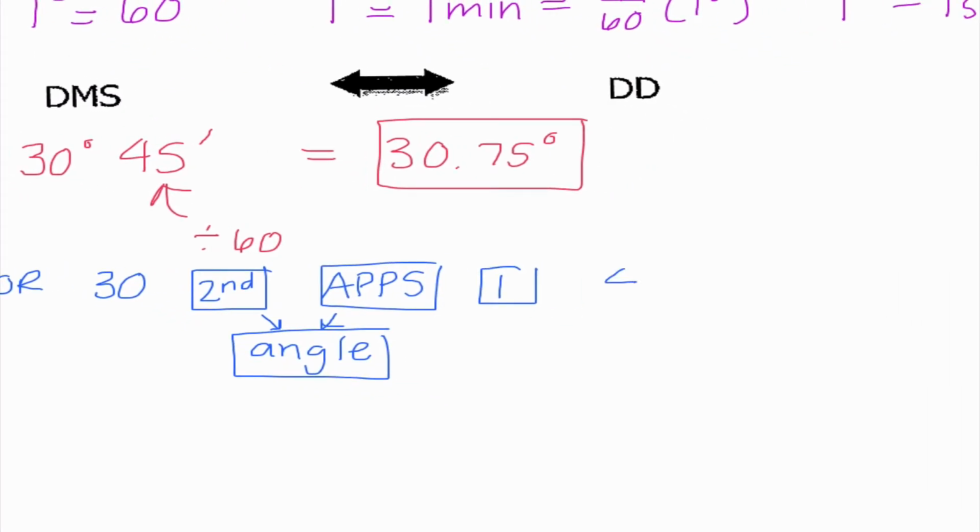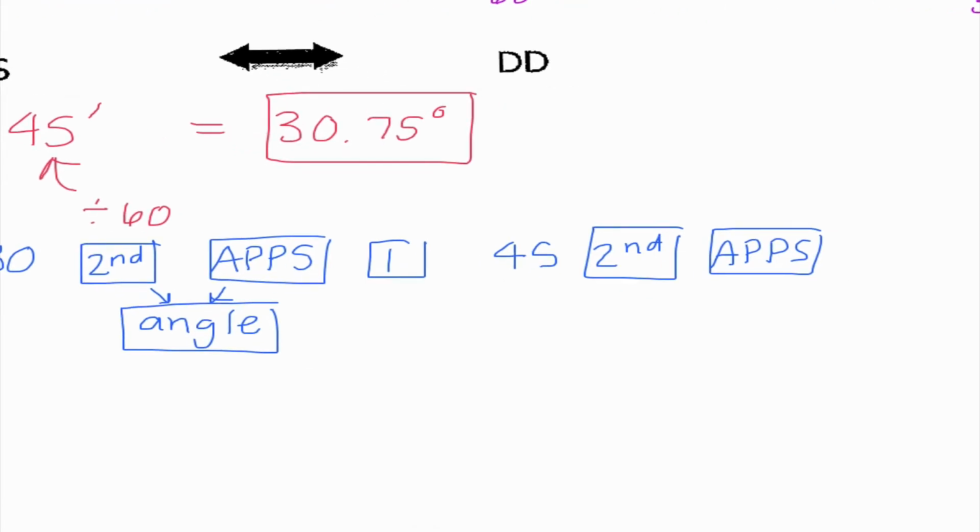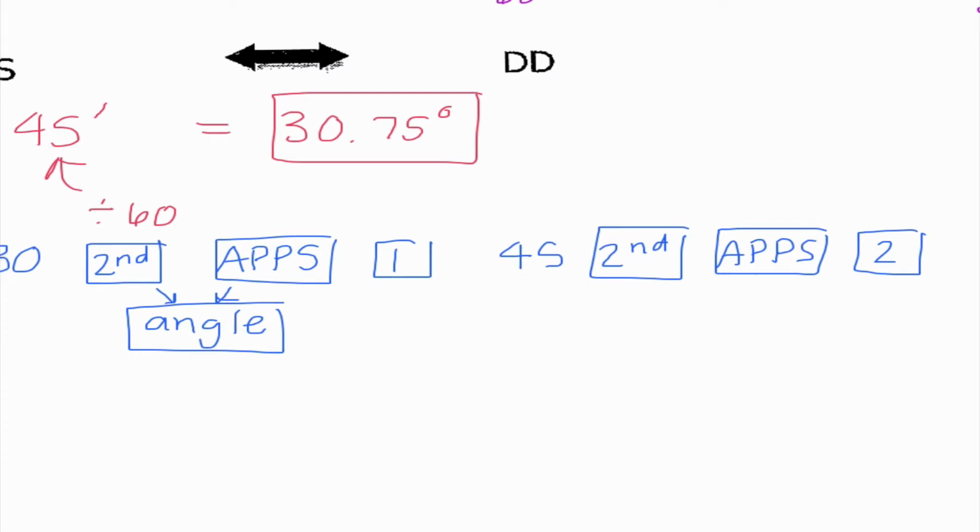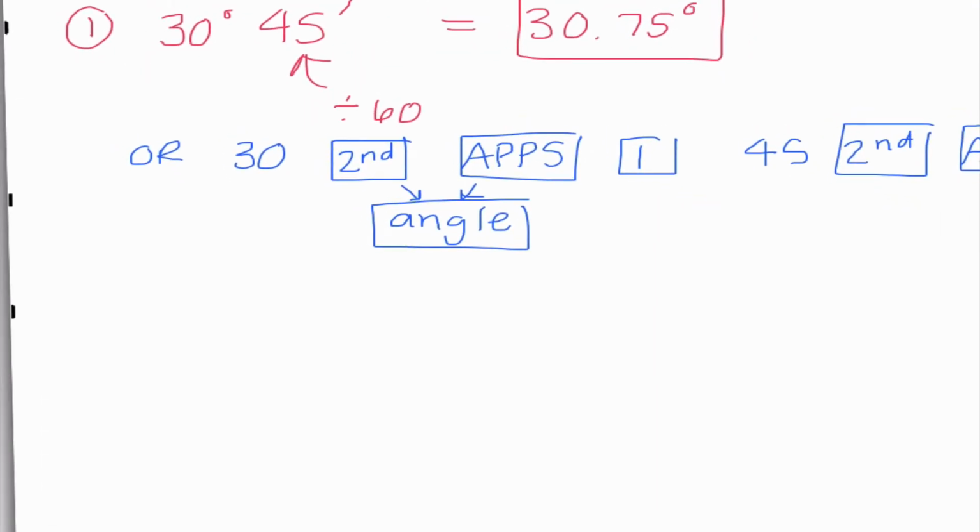So I would put that in for 30 degrees, then put in 45, go back to that menu with second, apps, and number 2 is the minute symbol. I would put that in and press enter, and I would be good to go. It really doesn't matter which way you choose. I actually think the first way is easier, but our calculator is a marvelous thing that does really cool stuff, so we could get away with that.